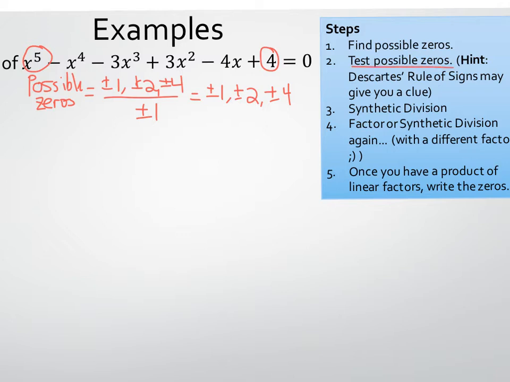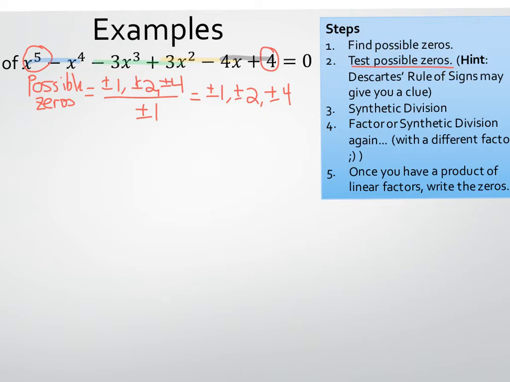Remember we can use Descartes' rule of signs to get some hints. Okay, so what that means is I'm going to look for sign changes. Notice we go from a positive to a negative, then we go from a negative to a positive, to a negative, and a negative to a positive. 1, 2, 3, 4.